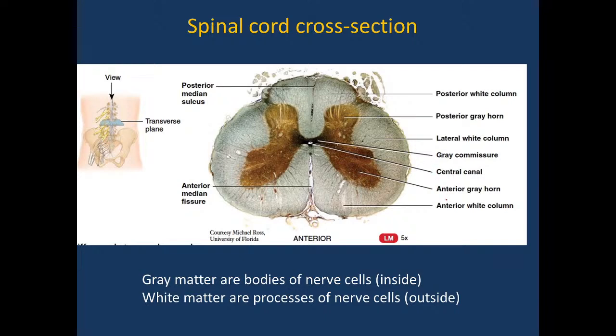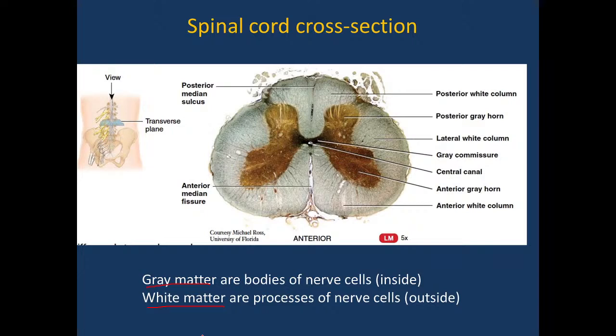gray matter, or white matter. Gray matter has a relatively dull color because it contains little myelin. This is the chemical that has a white color.